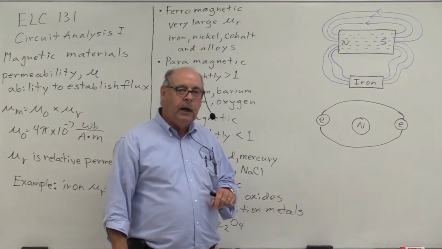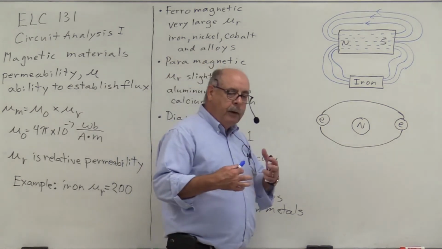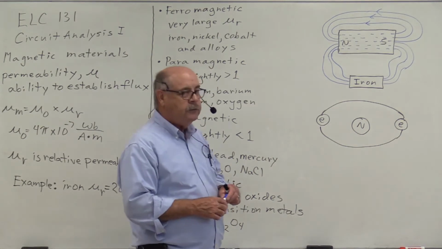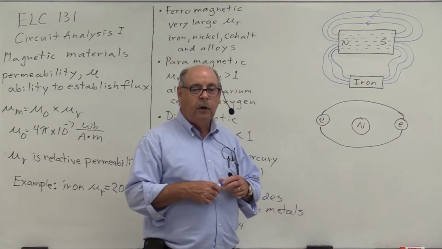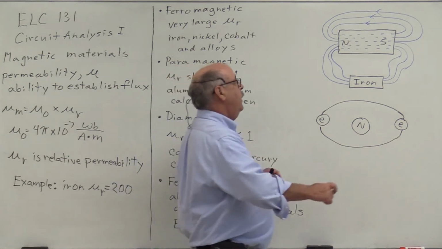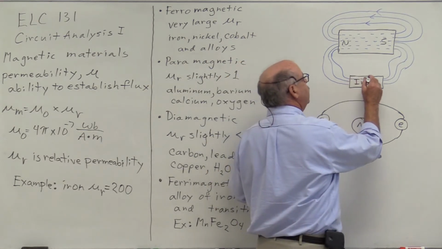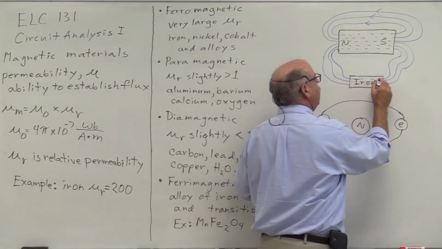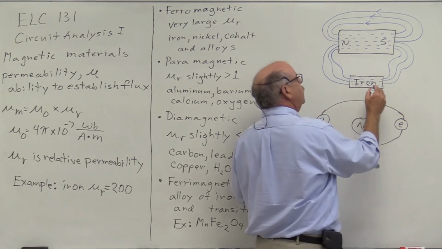space beside the iron. And again, remember these lines of force, this force are closed loops, and they go through the material as well as around the material.